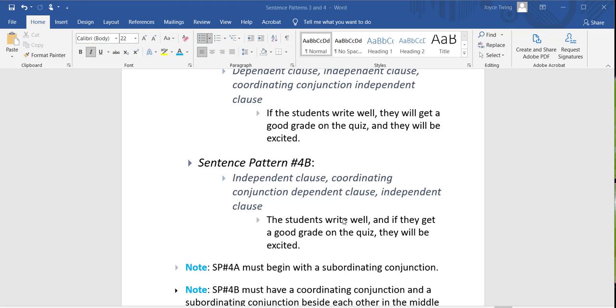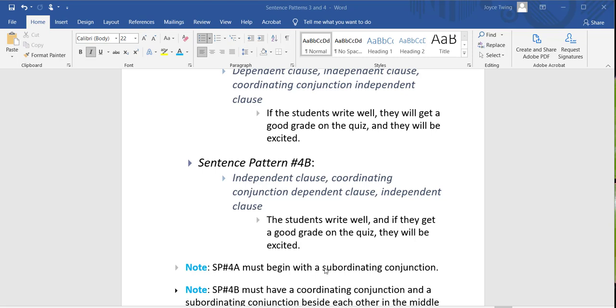This one starts with a simple sentence: the students write well, and so here we've got our connector, just like we do here, comma, and if they get a good grade on the quiz, comma, they will be excited. So we've got the same stuff here. We've just put it together differently.